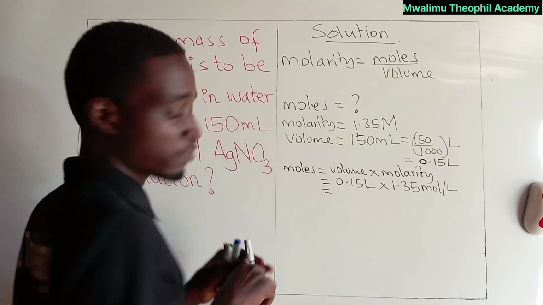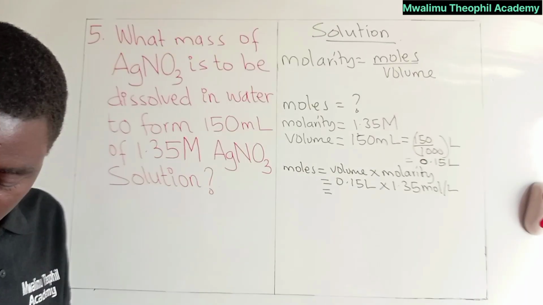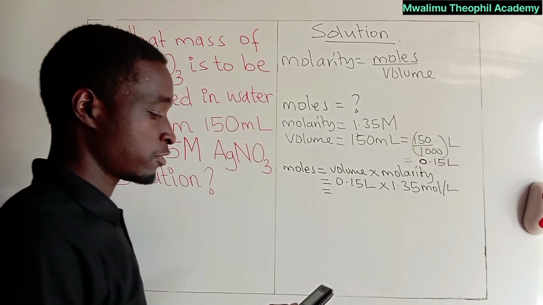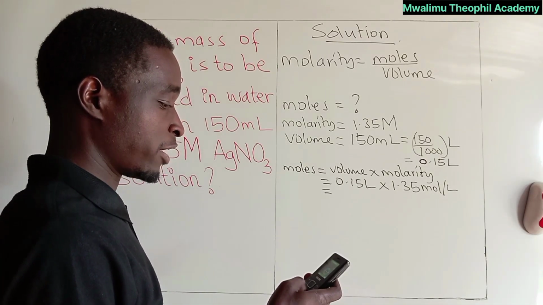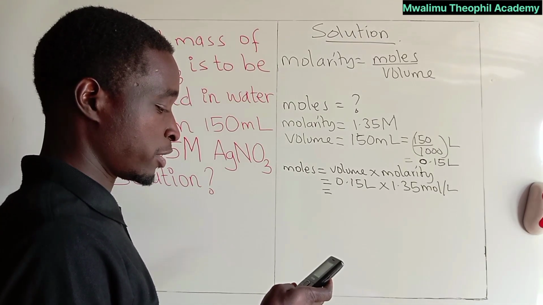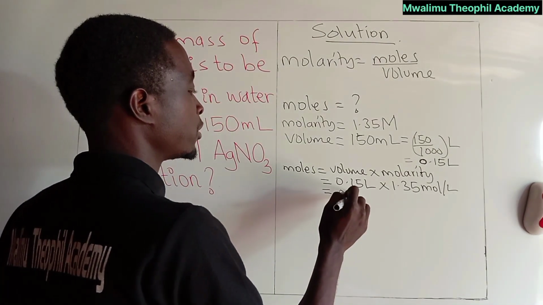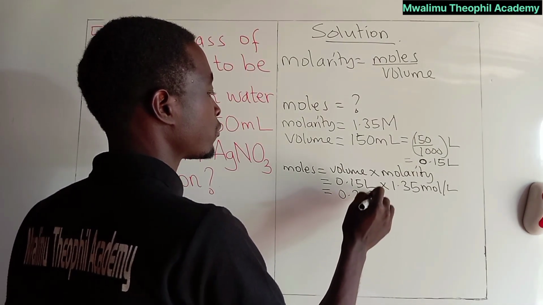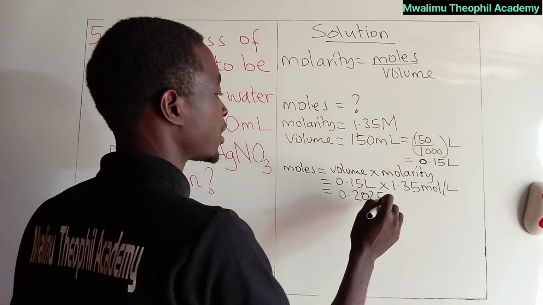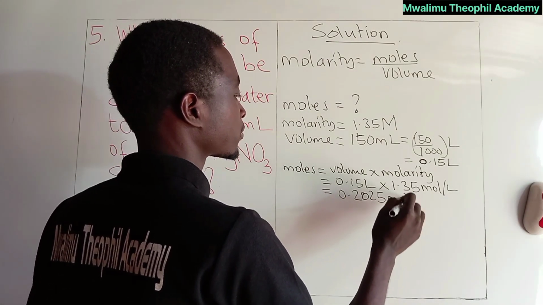This is going to give us 0.15 times 1.35. Here we get 0.2025. These are the number of moles.